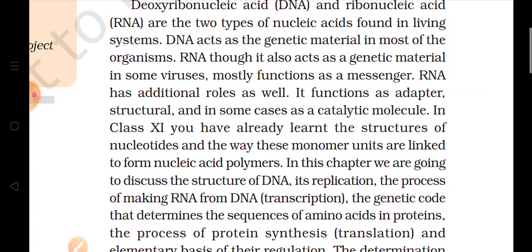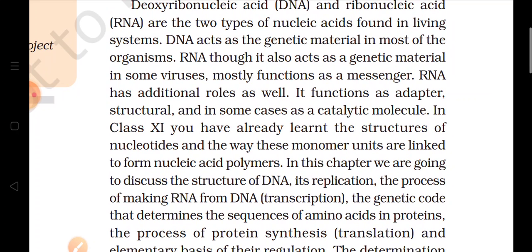We will study the structure of DNA and of a nucleotide, then how the synthesis of DNA takes place and how RNA is synthesized. As we have said, DNA is the genetic material in most of the organisms, but RNA is also present, playing other roles.